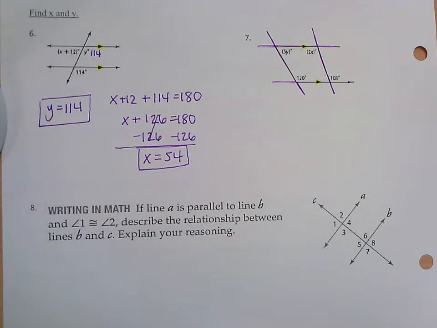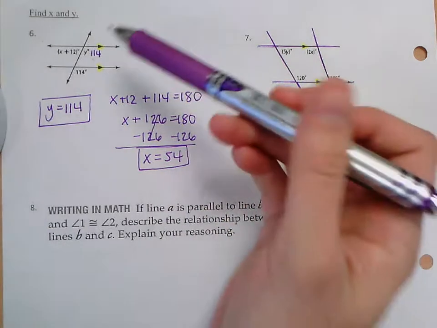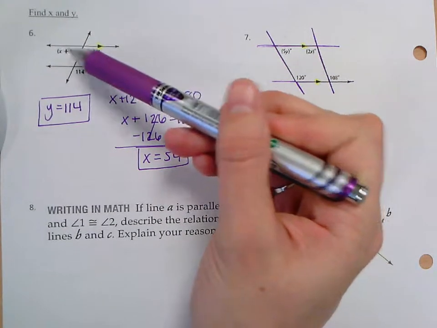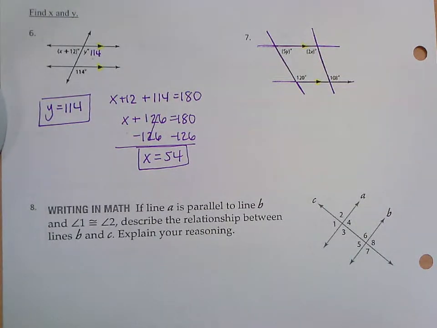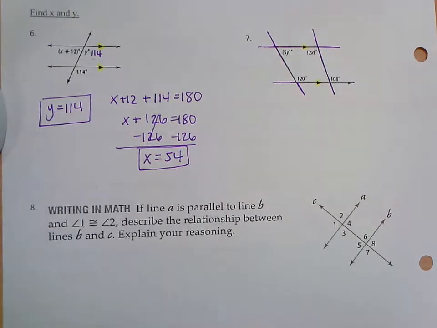This one, there isn't one that you have to find first. Like in number 6, we needed to know y first to be able to find x. Here you could find either one first. So let's actually start with x. Anyone know how we could find x? By looking at that picture. So, okay.